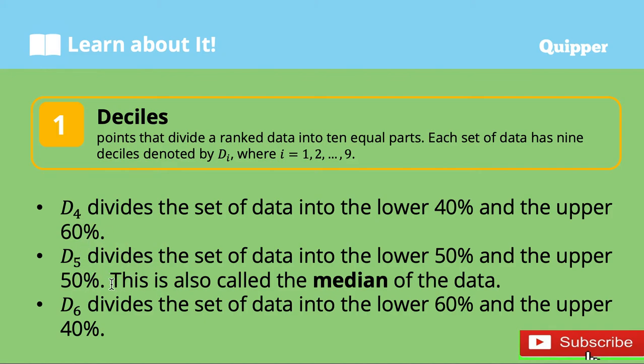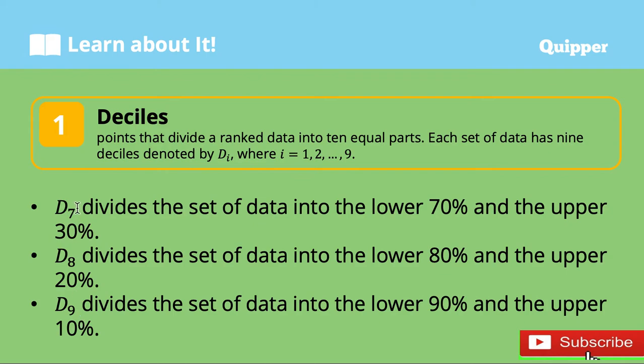The interpretation of the fifth decile is, if your score is the fifth decile, it means that you are ahead of the 50% of the population, but 50% of the population are ahead of you. Next is the sixth decile, seventh decile, eighth decile, and the ninth decile.